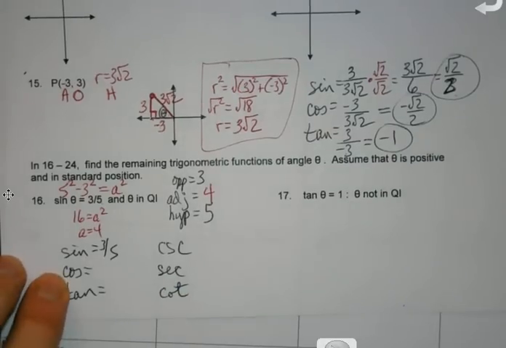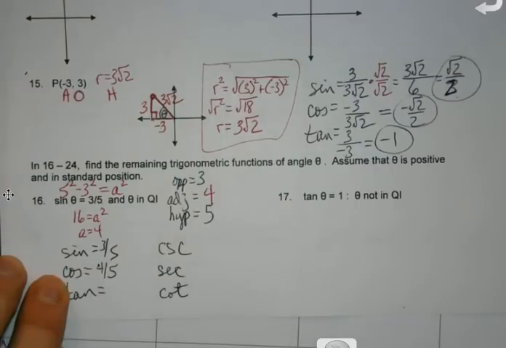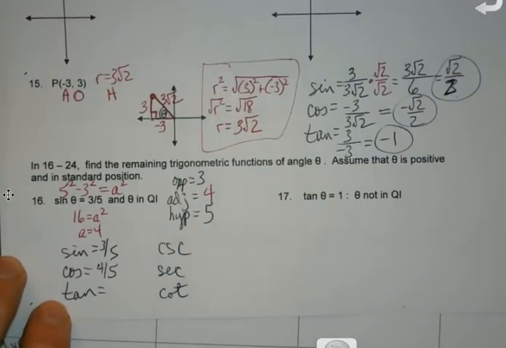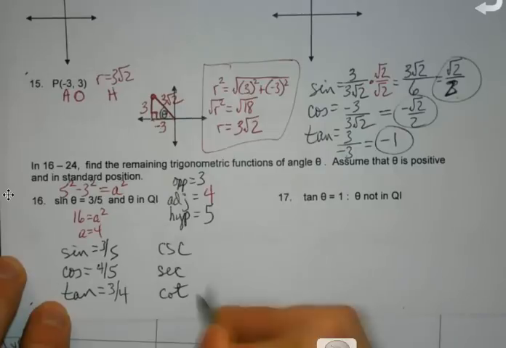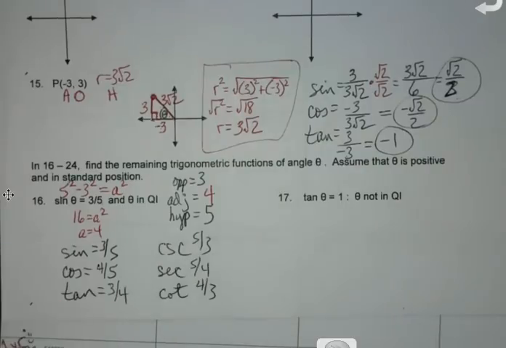What's my cosine going to be? 4 over 5. Adjacent over hypotenuse. Tangent, opposite over adjacent. And then these guys are just inverses.